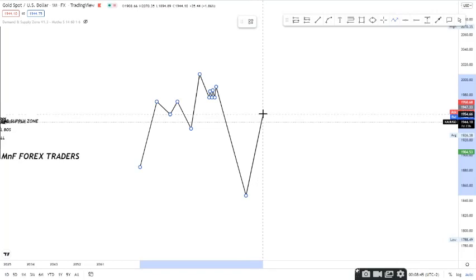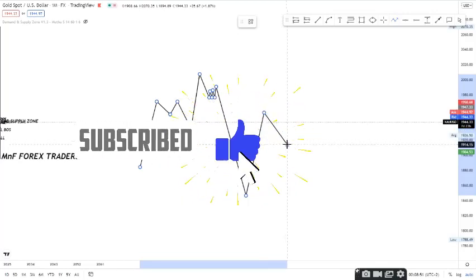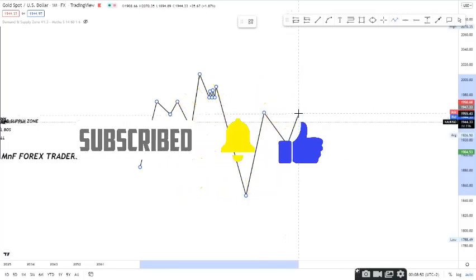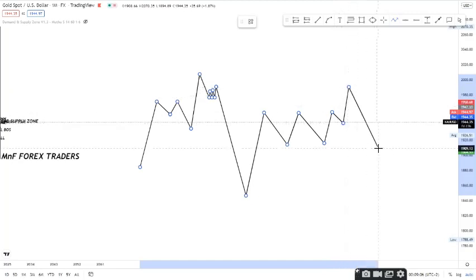In this case, I'll make this one an SR flip. Then you have the market respecting this level once, twice, and three times. Then it gives you a little bit of confidence, and then goes up to that level, and then it drops.